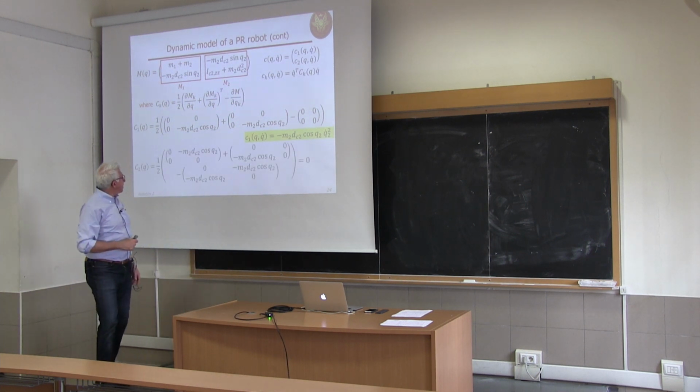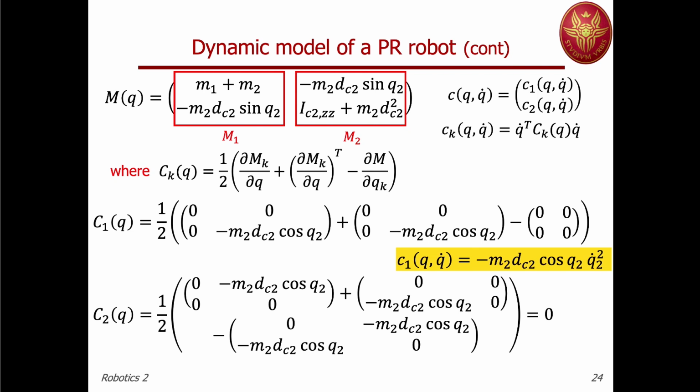What about the second component of the Coriolis centrifugal term, so the c2 of q dot? Again, it will be a quadratic form in the velocity with an inner matrix C2 of q, which is now computed according to the formula by considering the second column of the matrix and making the derivative with respect to q.